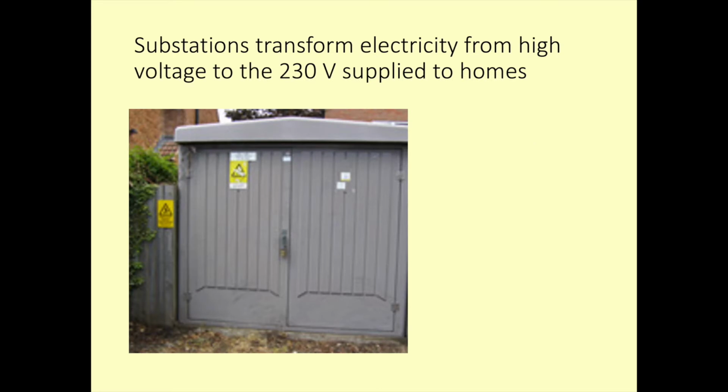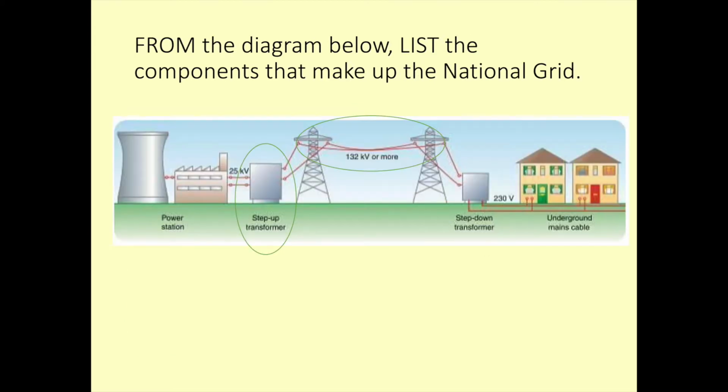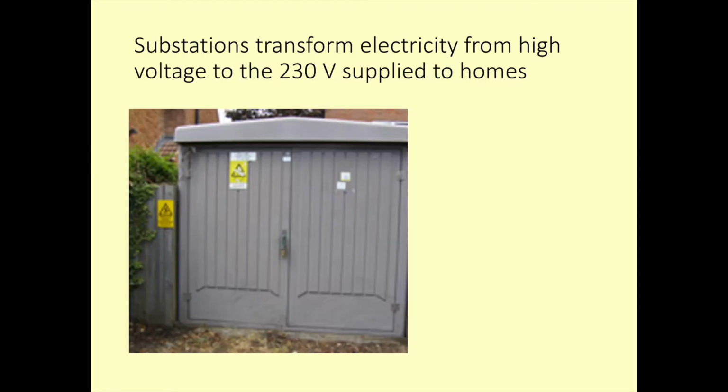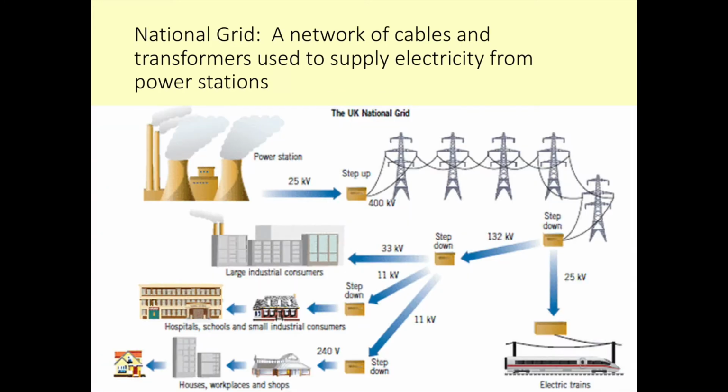This is what a substation looks like, and they transform the electricity from the high voltage that's travelling along the cables overhead to the 230 volts that is supplied to our homes. Our national grid is a network of cables and transformers that is used to supply electricity from our power stations.